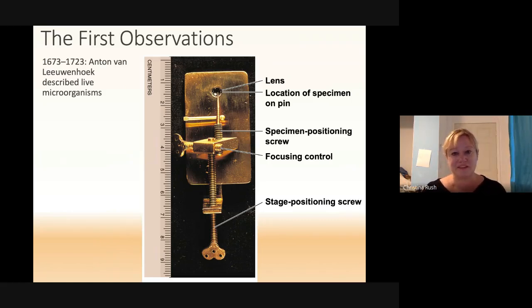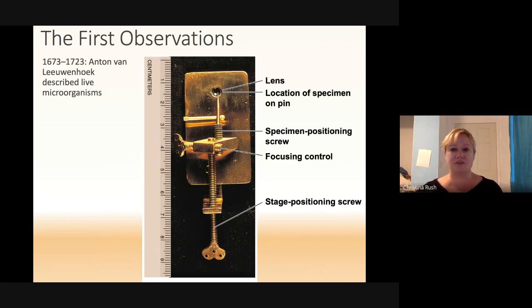They're a lot bigger than this. This is literally, what is this, 9 centimeters? It's very, very small. And the lens is at the very top there, and you have this little pin, and on top of that pin, he'd put a tiny little drop of a microorganism, and then he would hold it and look through the lens at the microbe.